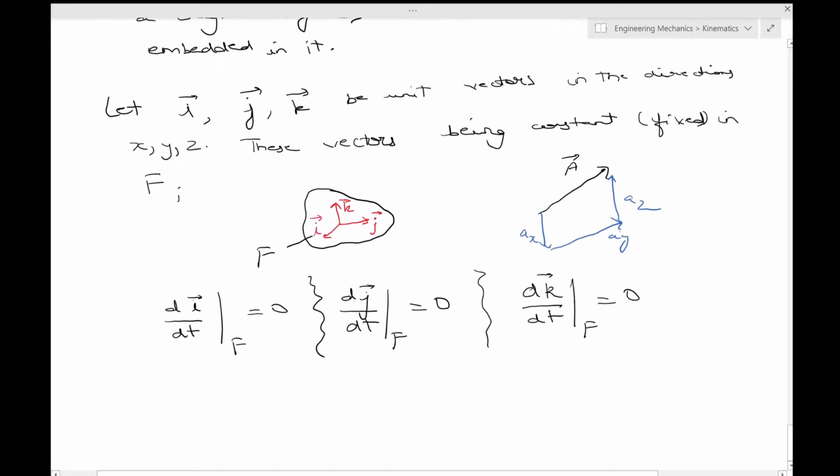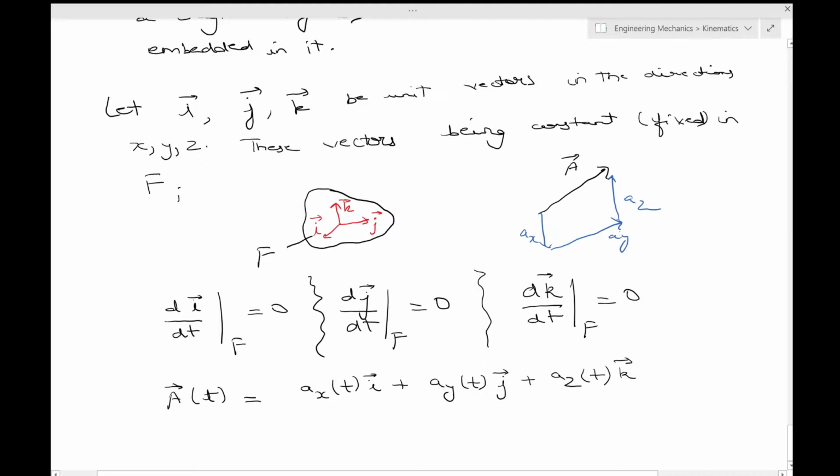Now, any vector at time t has components ax of t, ay of t and az of t along the i, j and k directions. You can see the directions over here.